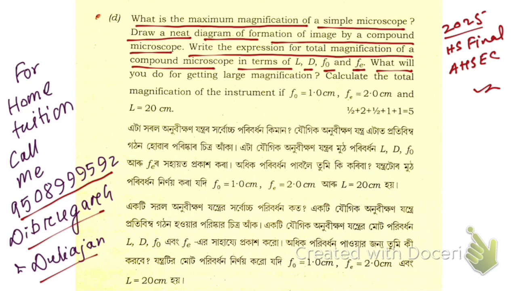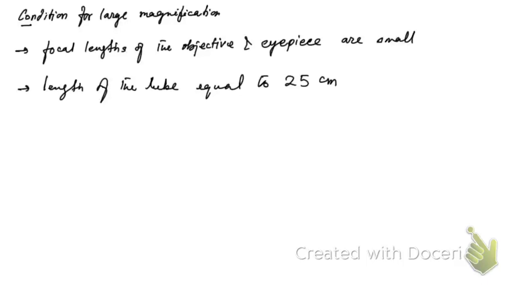Now what will you do for getting larger magnification? Let me write the conditions for how you can get large magnification. These are the two conditions. The focal length of both the lenses, objective and eyepiece, should be small.